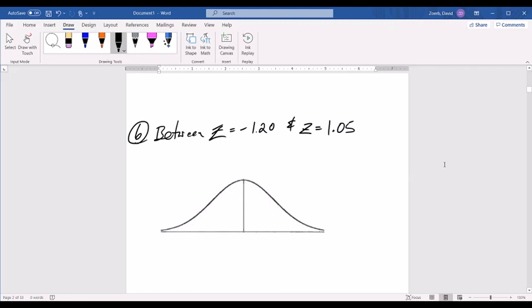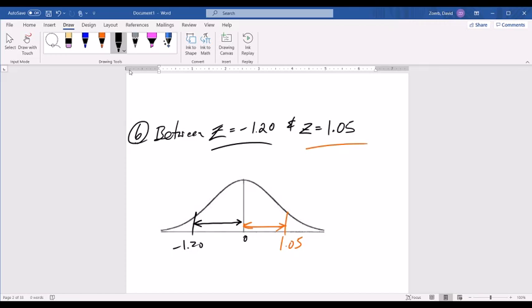Now I want between negative 1.20, so that's somewhere on the left, and 1.05, which would be somewhere on the right. Well, I need a double arrow for each of these. This one here, double arrow.